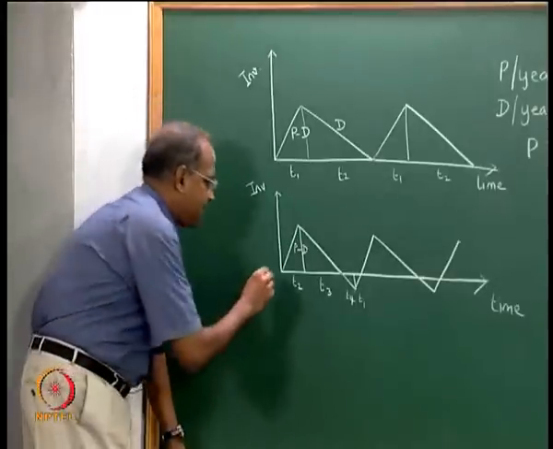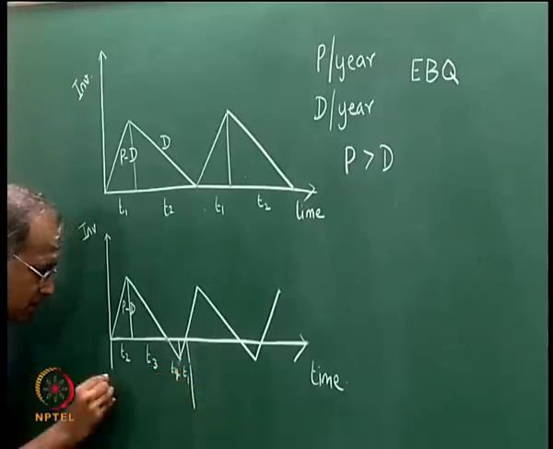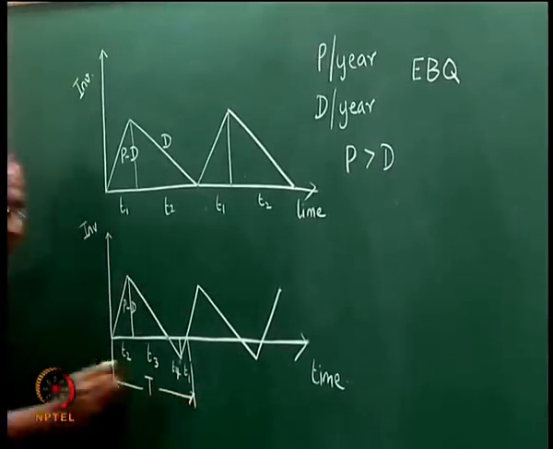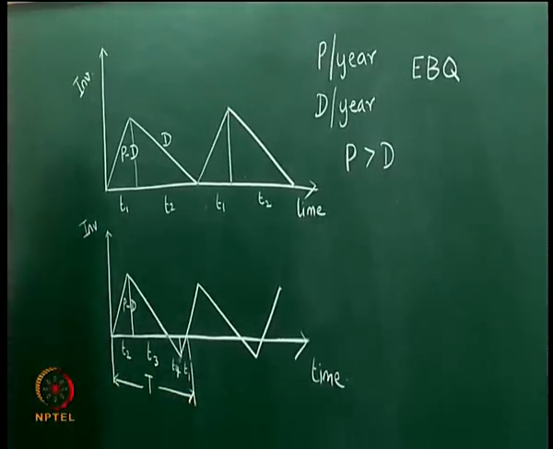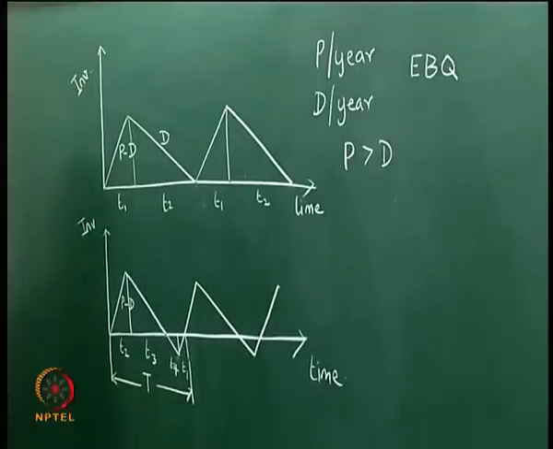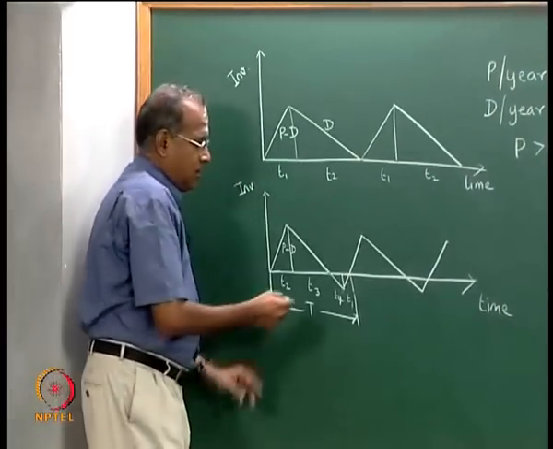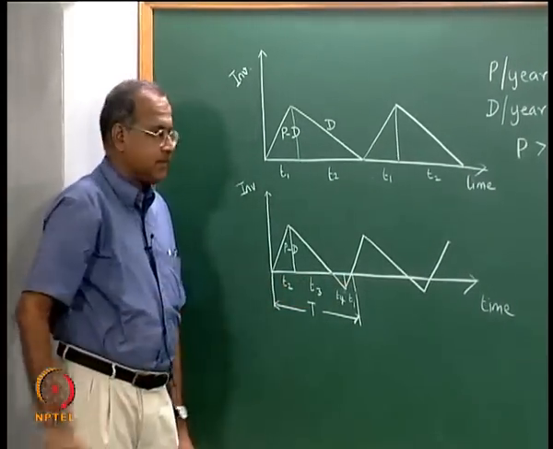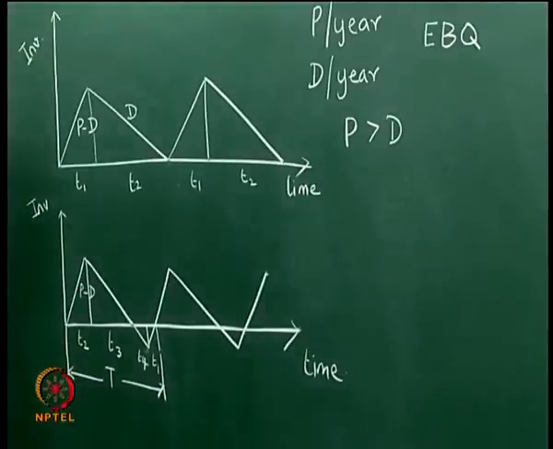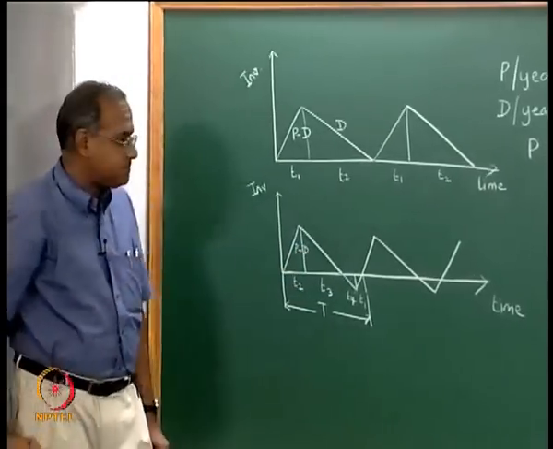So the cycle essentially is from here to this point, which we can call capital T, which is the cycle. So the cycle comprises 4 time periods T1, T2, T3 and T4, where there is production during periods T1 plus T2 and there is consumption for periods T3 to T4.